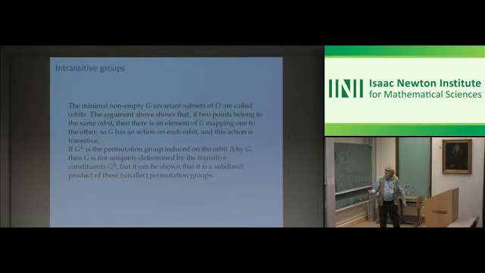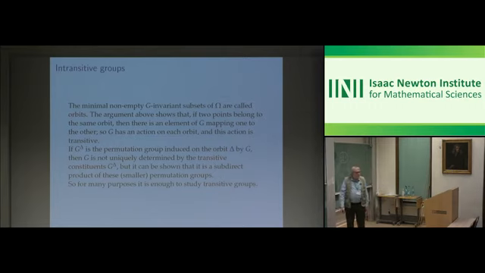So there is a little bit of work needed there. G is a subdirect product of the transitive constituents, but there may be several subdirect products and you don't know a priori which one it is. But in any case, for many purposes, it is enough to study transitive groups.